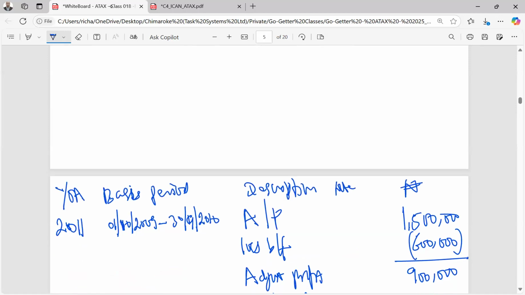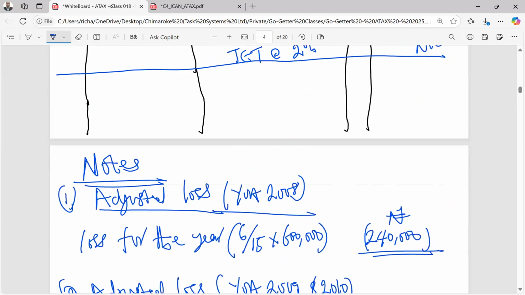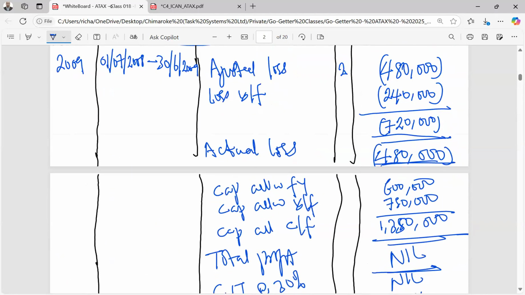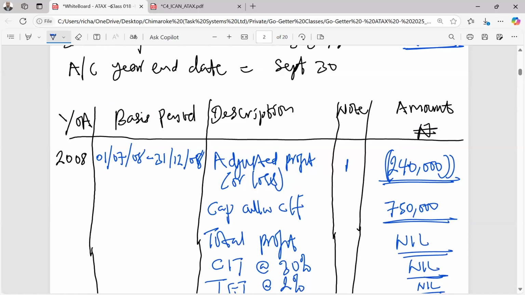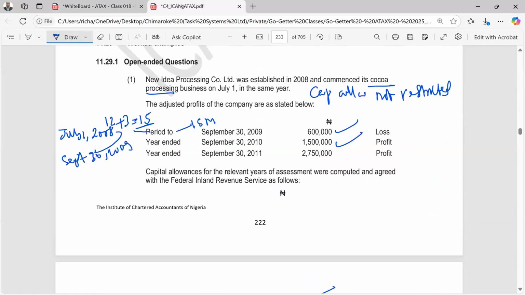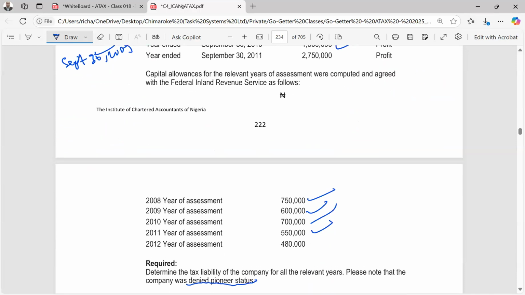The 2009 that they gave us, the assessment profit is 600,000. It was not a profit for 2009. They told us that this is not the assessable year, this is the account year end. And they told us that your capital allowances help us to know the assessable year of assessment.